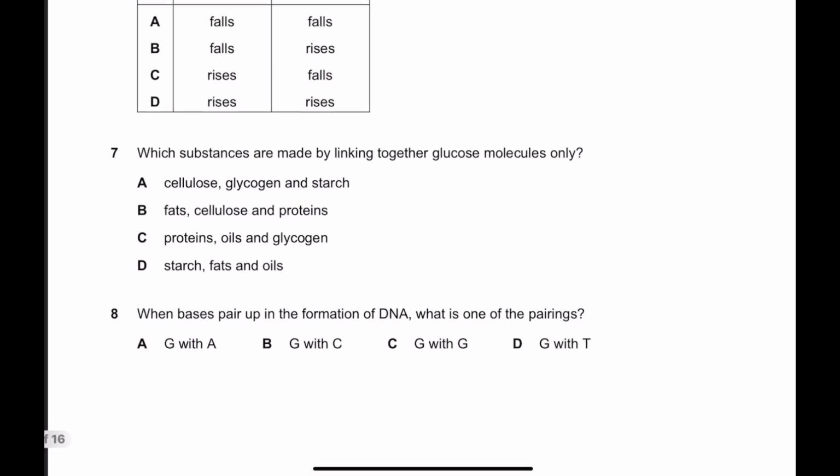Number 7. Which substances are made by linking together glucose molecules only? So, glucose is a carbohydrate. And there are several carbohydrates that you should know.